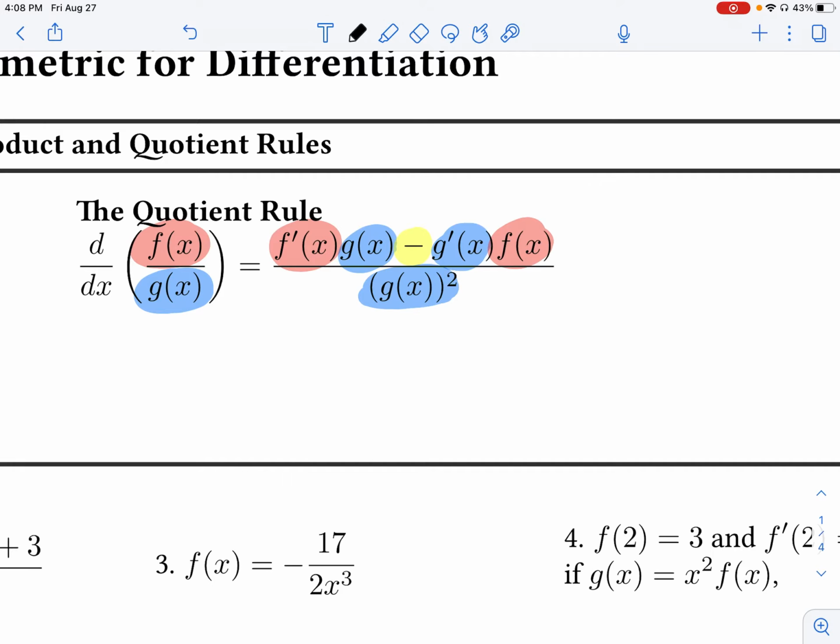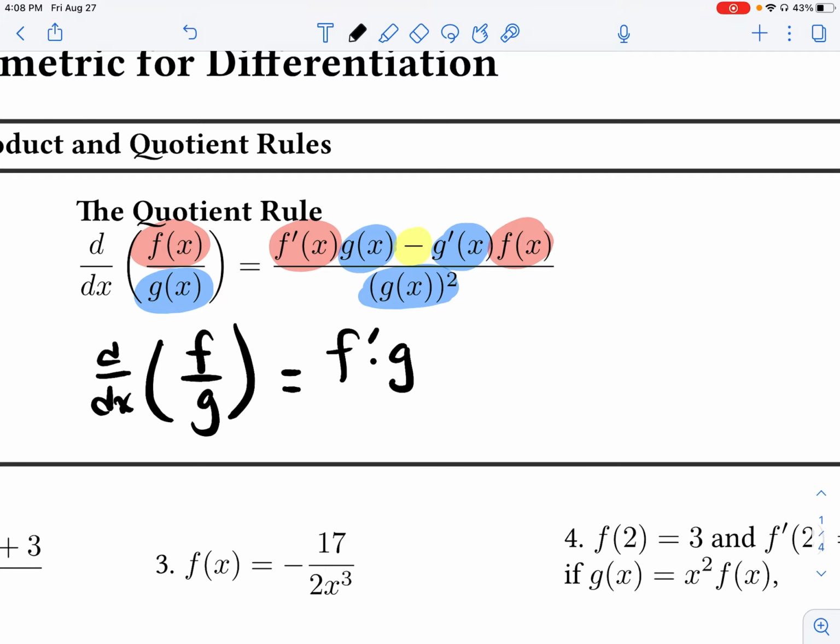Let me rewrite this, because now we're just seeing a bunch of colors. The derivative of f over g, where f and g are each functions, can be written simply as f prime times g minus g prime times f, all of this over g squared.